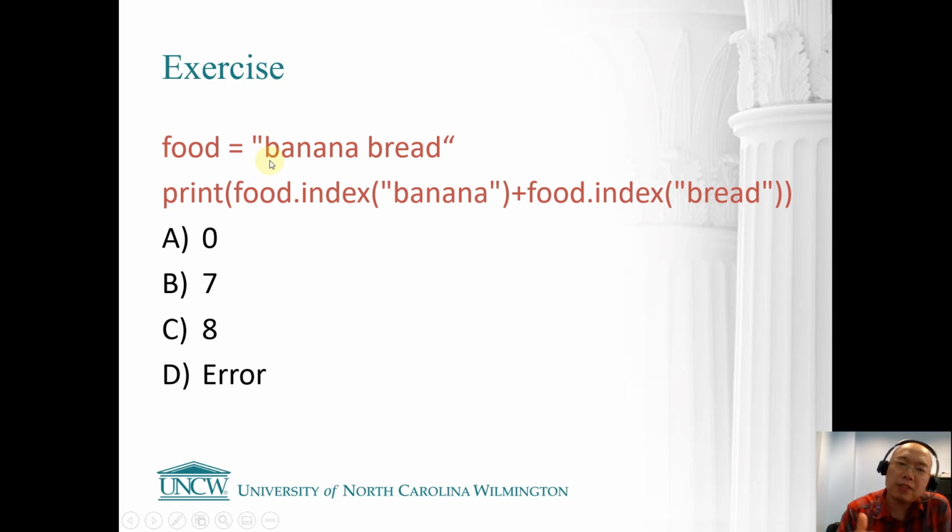So the first occurrence of banana starts at index 0, right? So the first part is 0, and the second part will give us the start index of the first occurrence of the string bread. So we have to count 0, 1, 2, 3, 4, 5, 6, 7. So the first occurrence of bread is at index 7. So we have 0 plus 7, so the answer is 7, so B is correct.